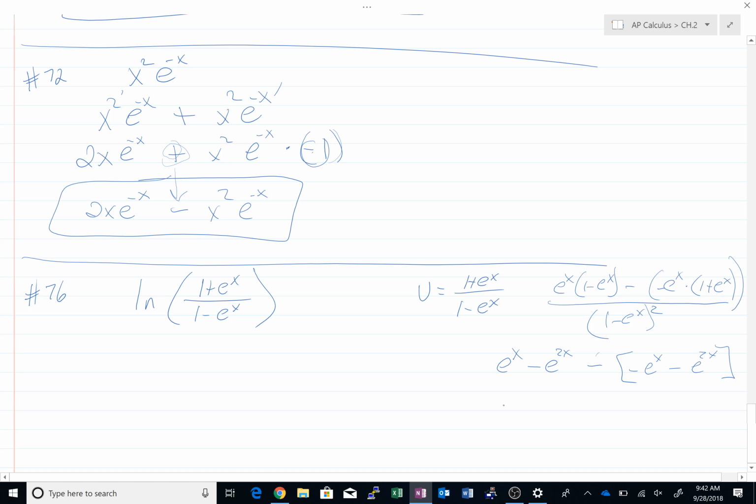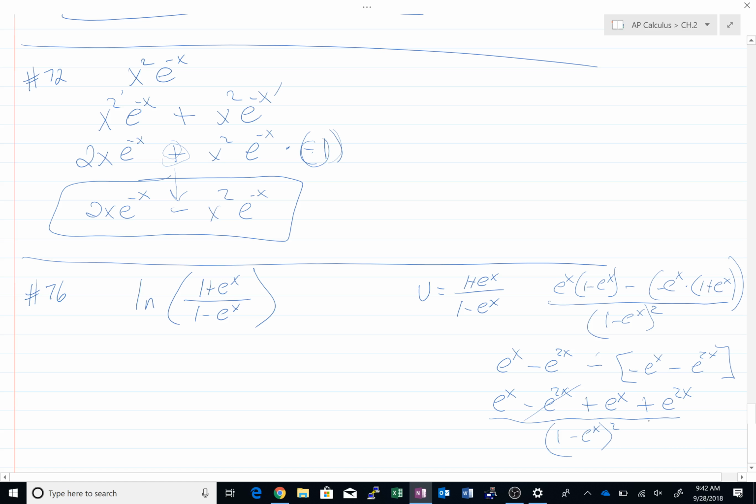If I distribute that negative in there, this really goes to e to the x minus e to the 2x plus e to the x plus e to the 2x, all over, again, I have that 1 minus e to the x squared. Okay. Well, the e to the 2x's cancel here.